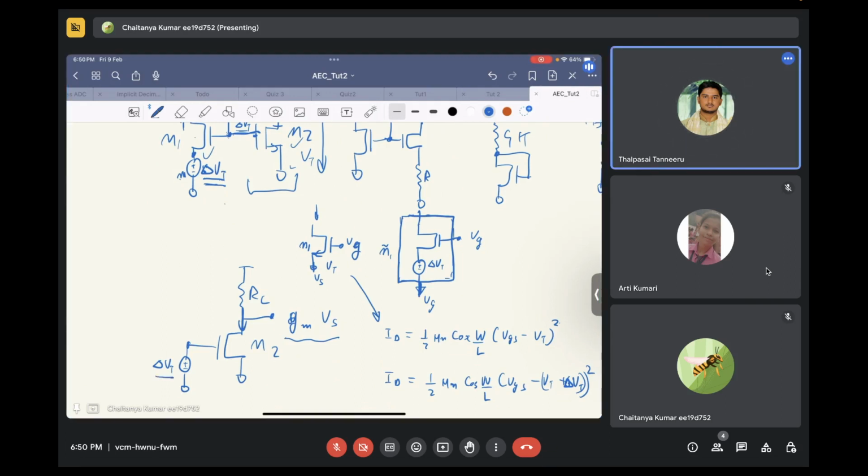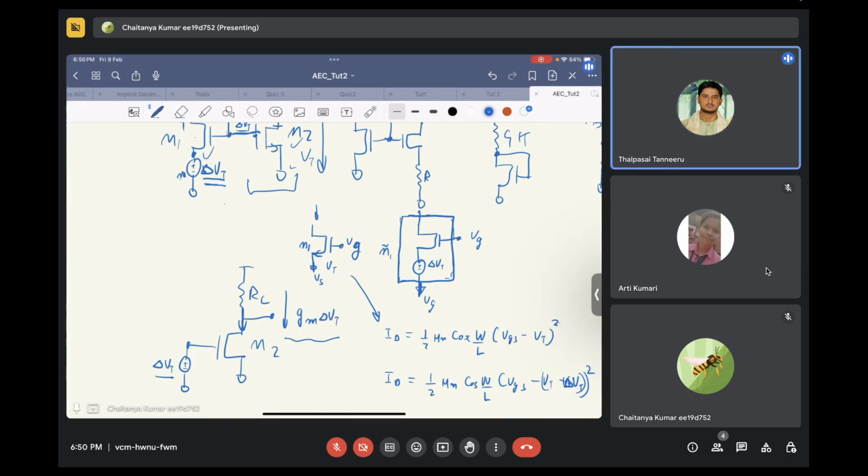Now if there is a DC voltage of delta Vt over here, what will be the current change in the transistor? GM times Vs only, but GM times delta Vt, correct? Yes, sir.